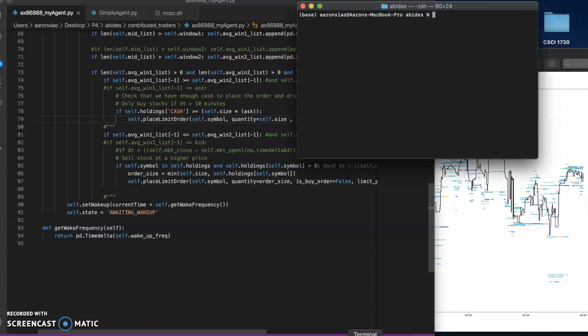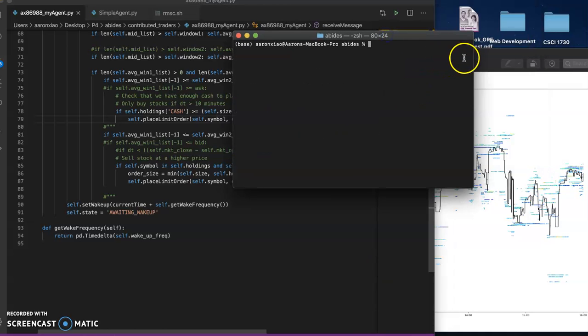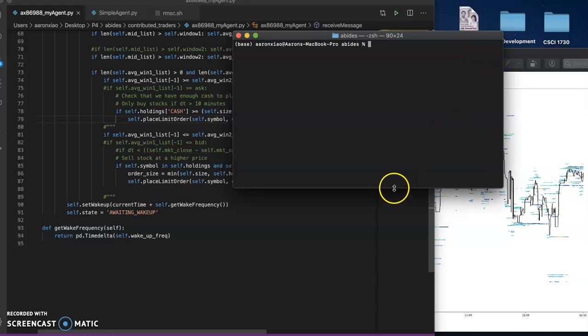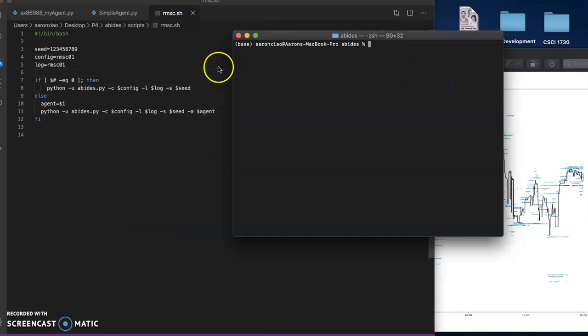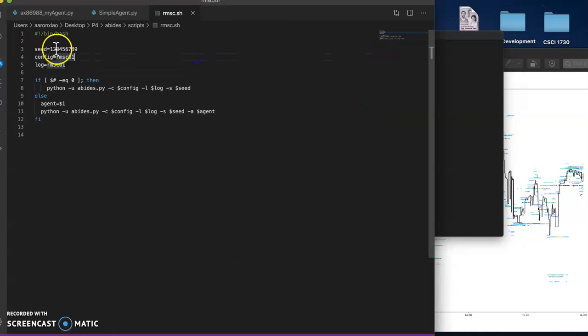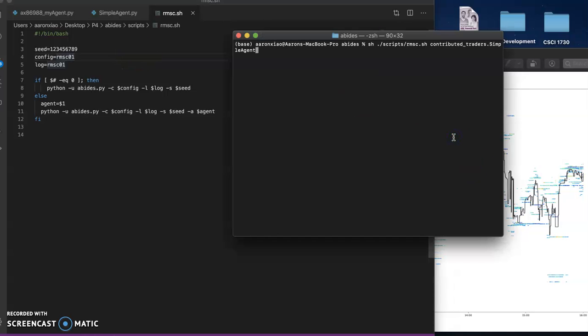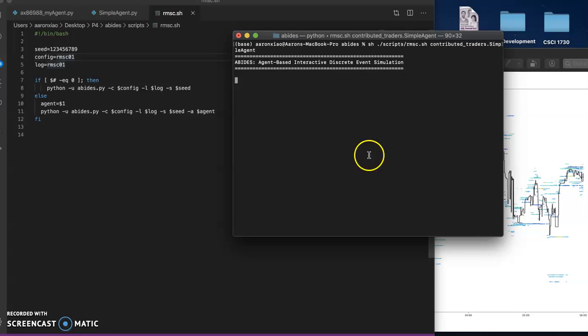When testing, there were certain cases where it did outperform the simple agent trader, but there were also other cases where it didn't do as well. I think that probably has to do with the random seed being used. For some random seeds it worked, some didn't work that well, so the current one is the default one. So running the simple agent first.